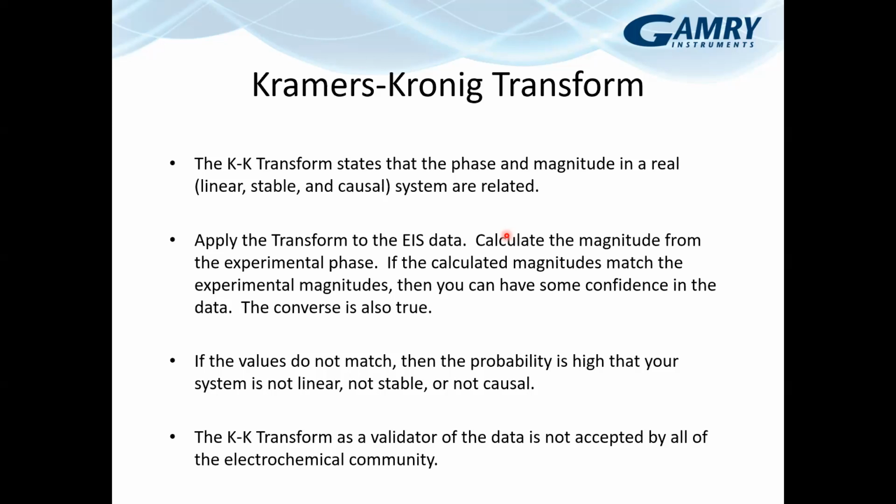The KK transform does not, however, validate your data. And the reason for that is there are some artifacts that will KK transform as completely valid. The easiest one to talk about is on the instrumentation side: you have a cell cable that goes from the potentiostat to your cell. That cell cable is wires with coaxial things and leads at the end of them.